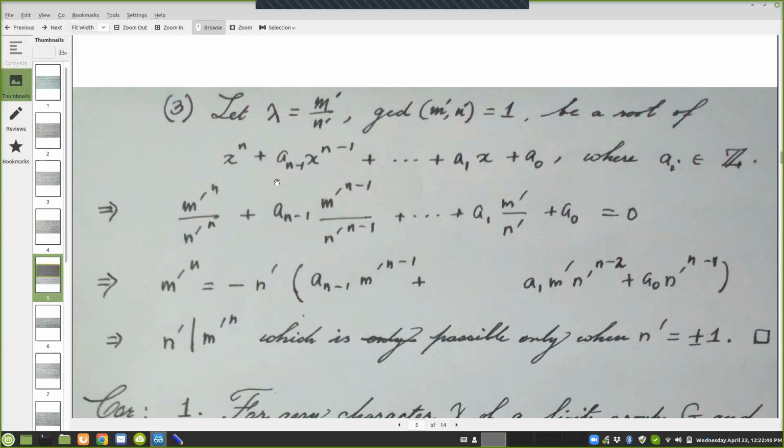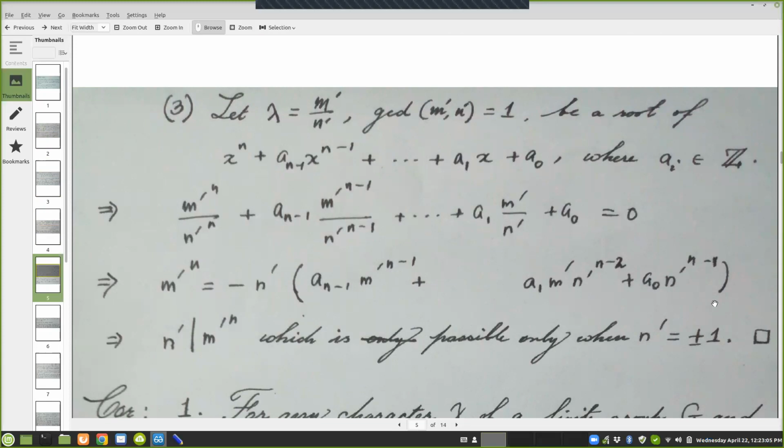Since m prime by n prime is a root of this polynomial, we substitute it and get 0. Now we clear the denominator, that is, multiply everything by n prime to the power n, and then keeping the first term on the left side, we push the rest to the right hand side. That gives you this.